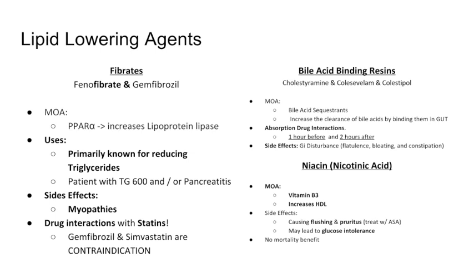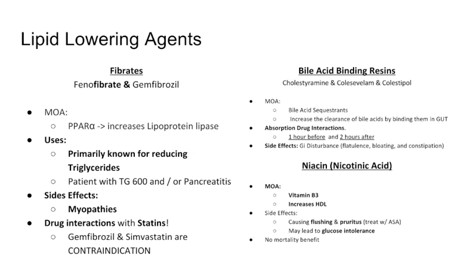Niacin, nicotinic acid. So this is our vitamin B3, and its MO is that it can actually increase your HDL. So as I said with fibrates, think triglycerides; I want you to memorize that niacin can increase HDL. If you see a question and the patient has all these problems and they have a very low HDL, look for niacin because that's the answer. The big thing with niacin are some of the side effects being flushing and itching.